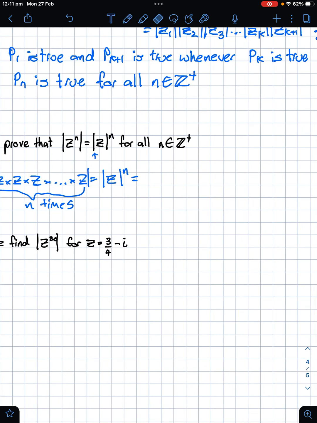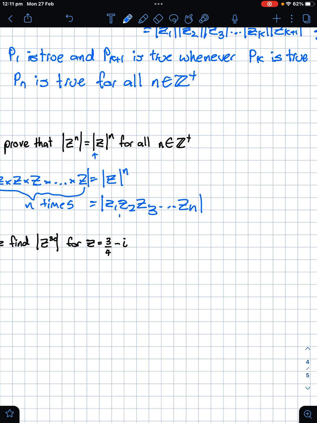I've just broken this out, so we've got Z1, Z2, Z3, through Zn. I'm trying to explain this, but it's a bit of a bizarre one.